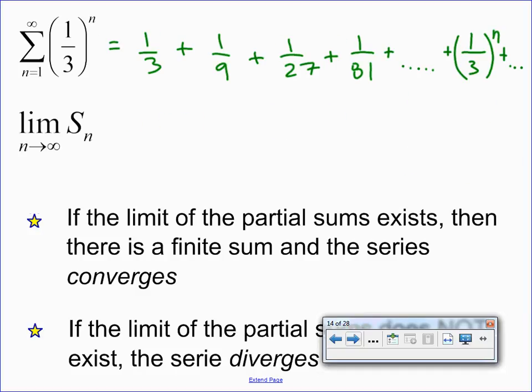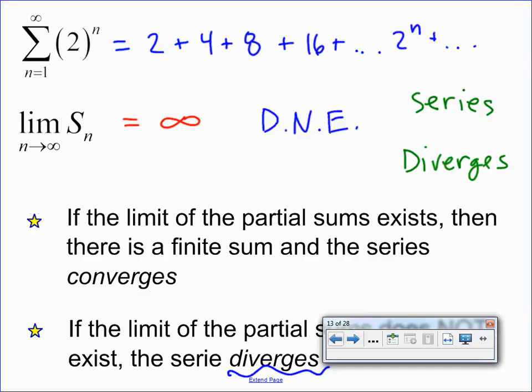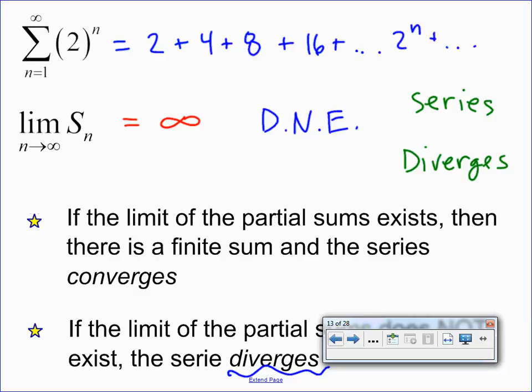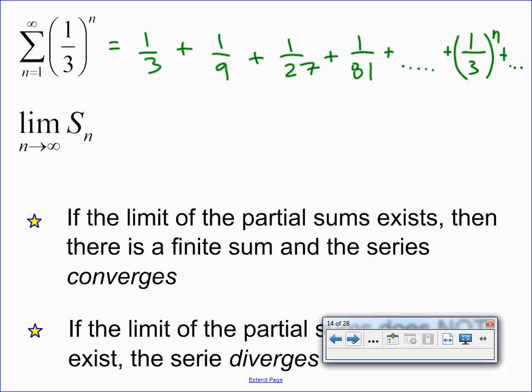Rylan? One of their ratios was larger than one, and the other was smaller than one. Okay, so when we had the larger than one, the term values ballooned, thus the series diverged. When the ratio r, 1/3, was less than 1, the term values shrunk, they converged to 0, and then we're guessing that this infinite series might just exist.